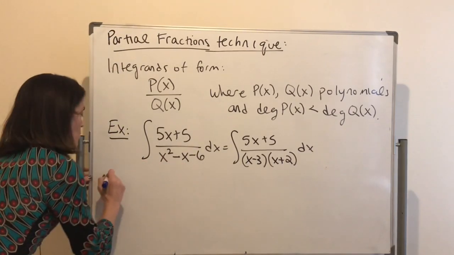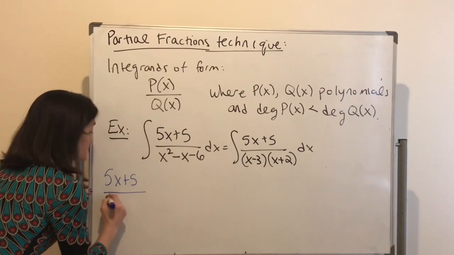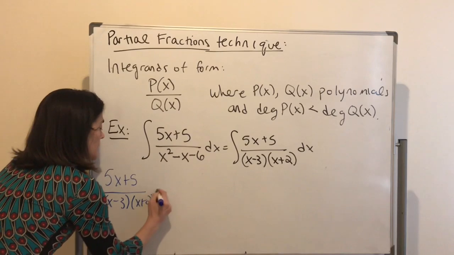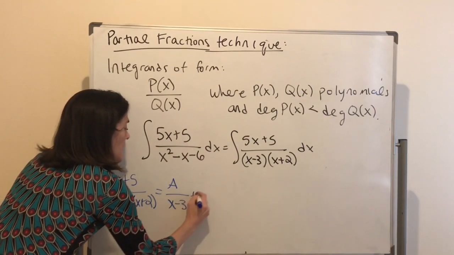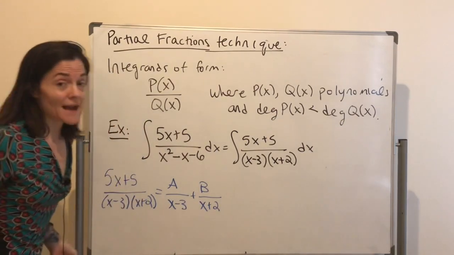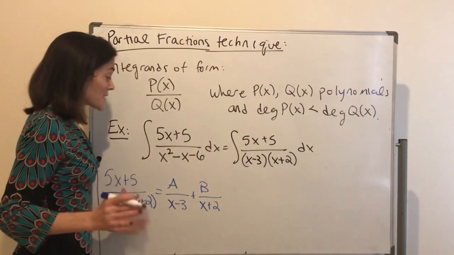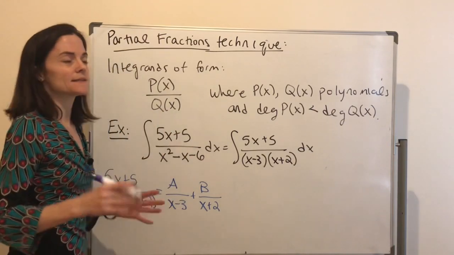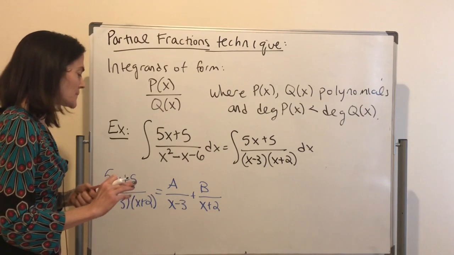So we set 5x plus 5 over x minus 3, x plus 2 equal to one constant over this linear term and another constant over this linear term. We need to find A and B. Once we do, we will just be able to integrate. This will be a log, this will be a log when we integrate, right? And then we have the antiderivative for this function.